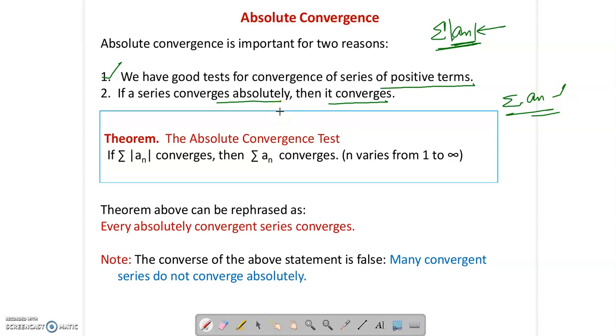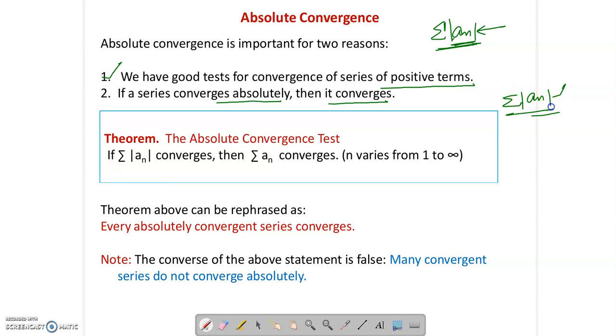So if you're asked to test the convergence of a series which has both positive and negative terms, first, if the series is an alternating series, meaning you have plus 1, minus 1, plus 1, minus 1 type of terms, then you can go for the Leibniz test. If the series has, say, one positive, two negative, or there is no trend but the series has both positive and negative terms, in that case, what can you do?